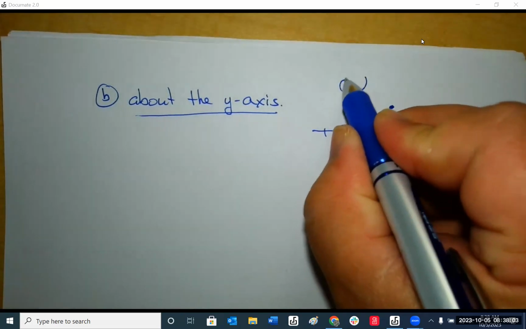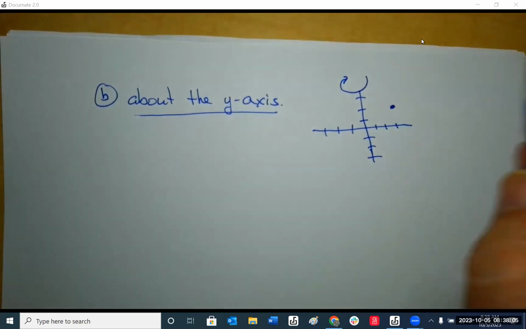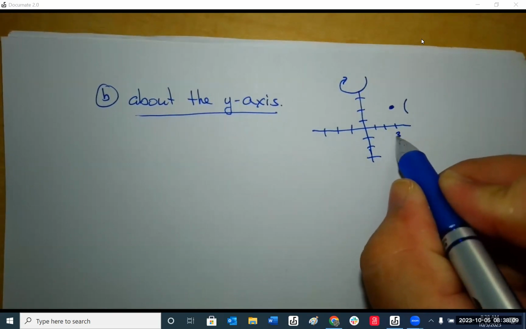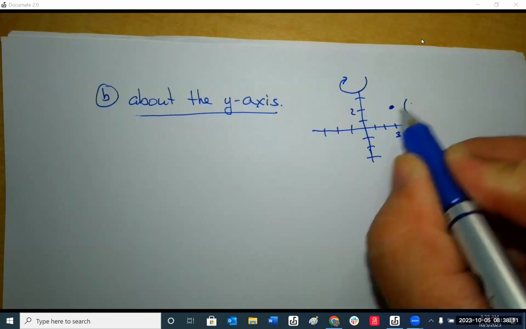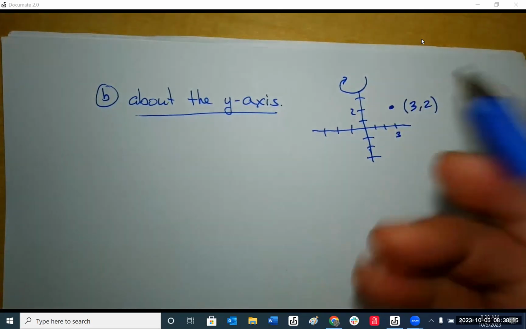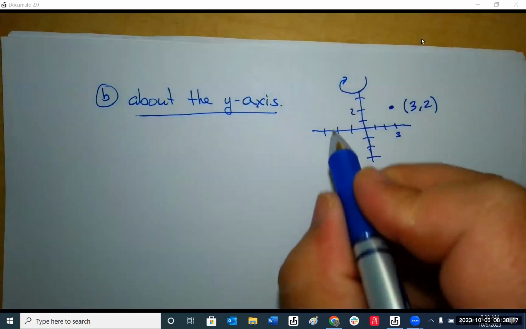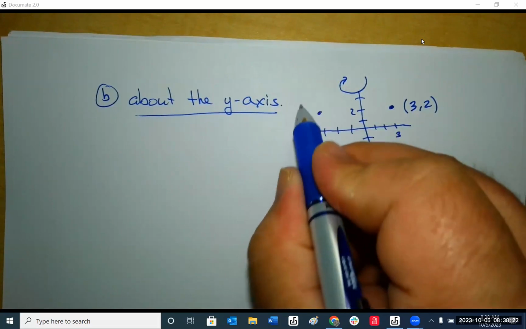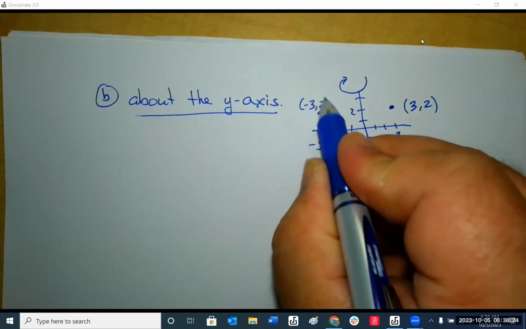We're flipping across the y-axis now. This point here is 3, 2. If I fold the sheet over, I'm going to have a point here at -3, 2.